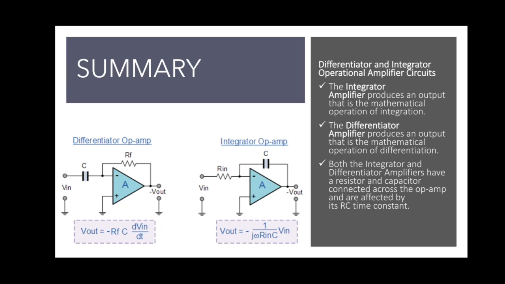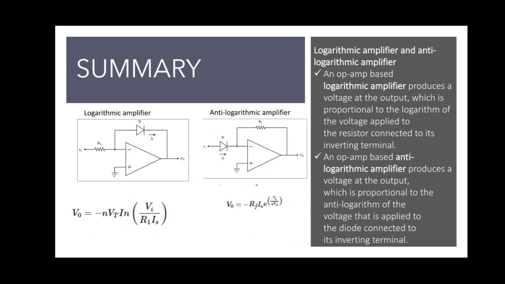The output voltage of the differentiator amplifier is minus Rf C dVin by dt. And the output voltage of the integrator operational amplifier is minus 1 by j omega Rin C into Vin.